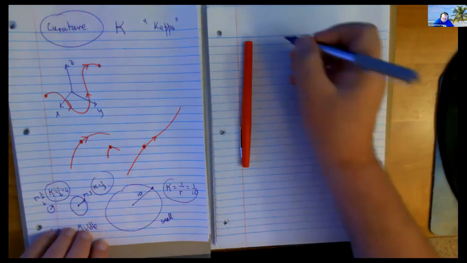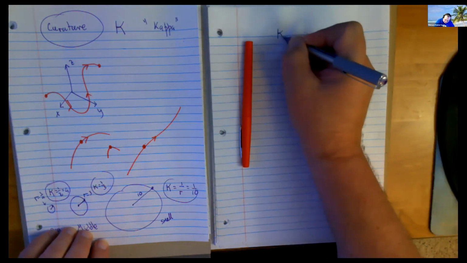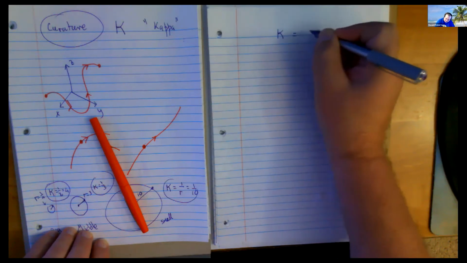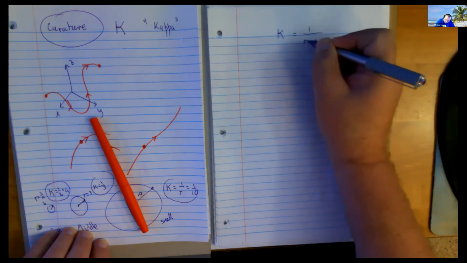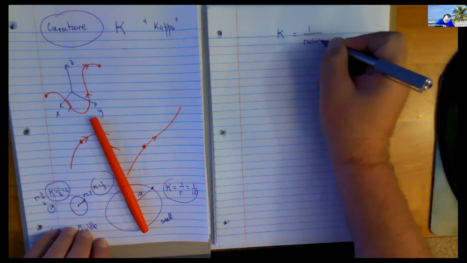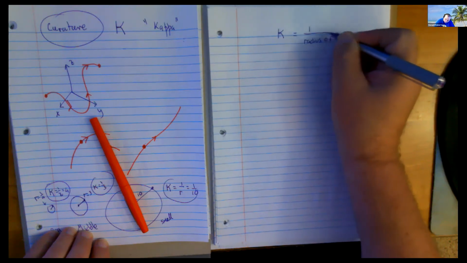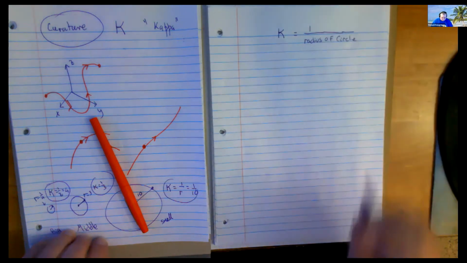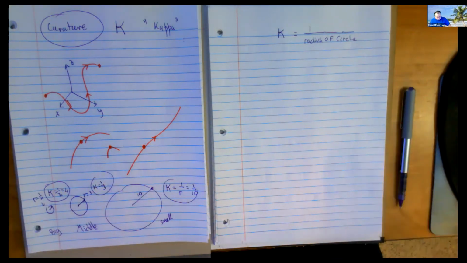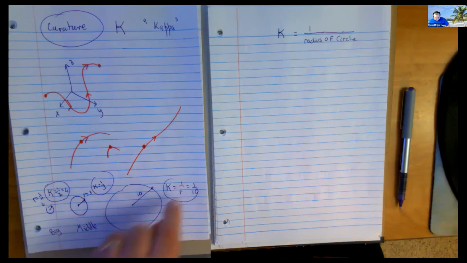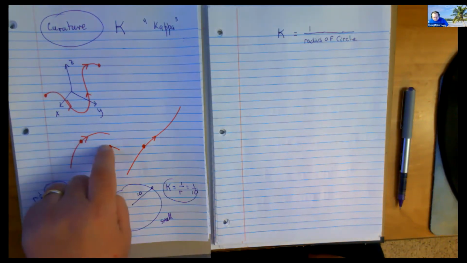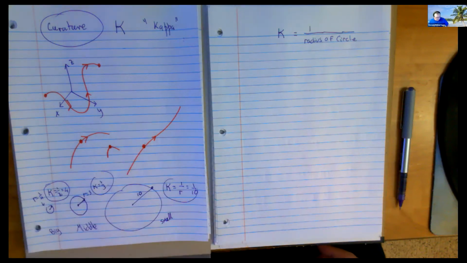So kappa, the curvature, is 1 over the radius of a circle. Well, how can I use the measurements for circles' curvature and apply them to normal space curves?